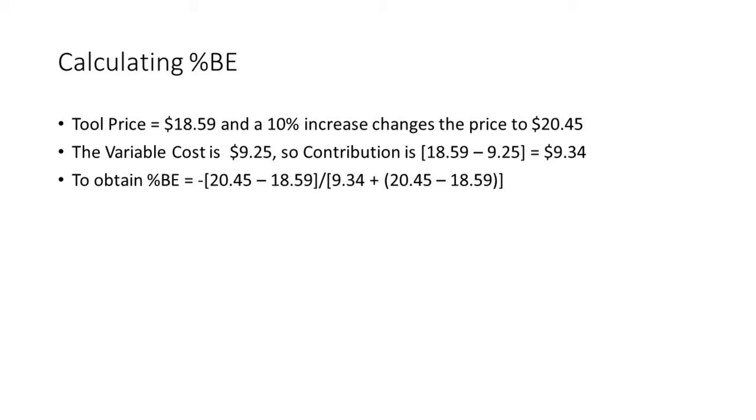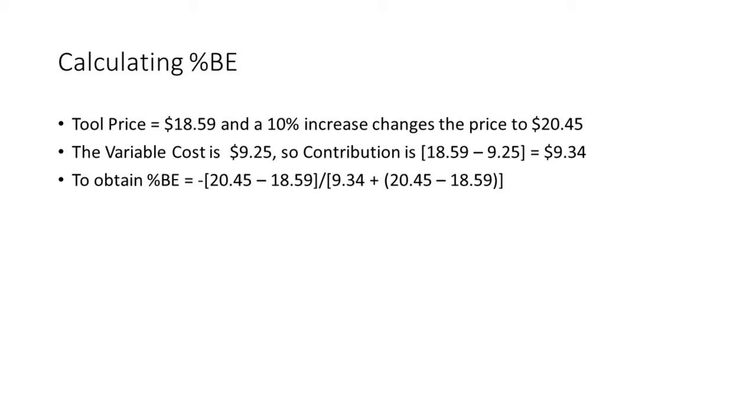To obtain the percentage break-even point, let's plug in all of these values. In the numerator of the fraction we have the new price of $20.45 minus the original price of $18.59 with a negative sign outside of the brackets, and then in the denominator we have the contribution of $9.34 plus the difference in the two prices.